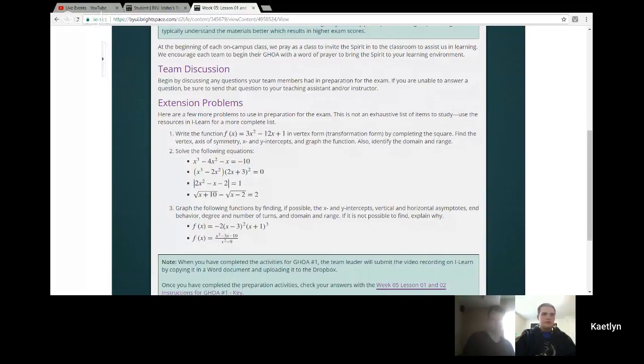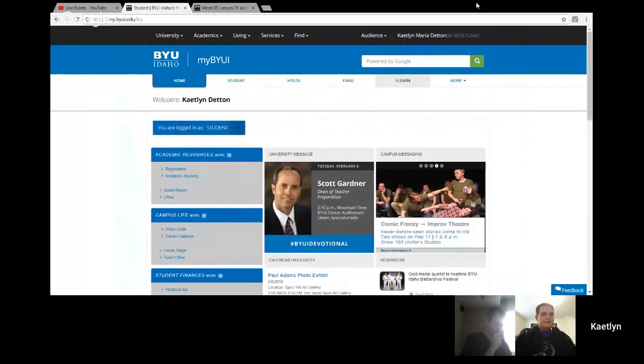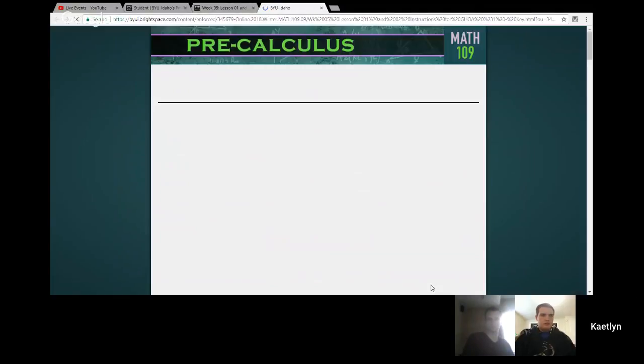So then the vertex is whatever would make that zero: positive 2 and minus negative 11, yeah. And then the axis of symmetry is what they're looking for, and that's just going to be positive 2, because it's a squared function.